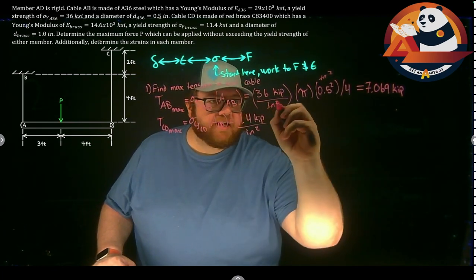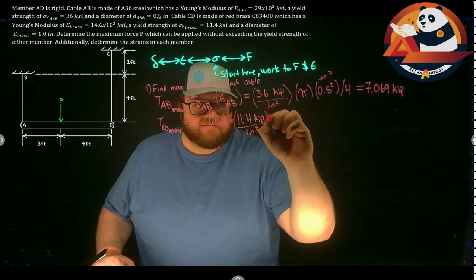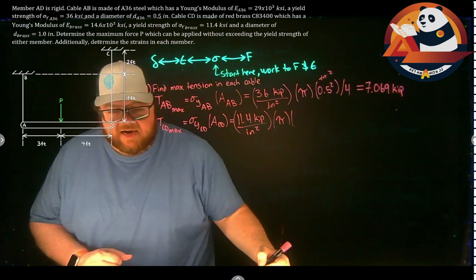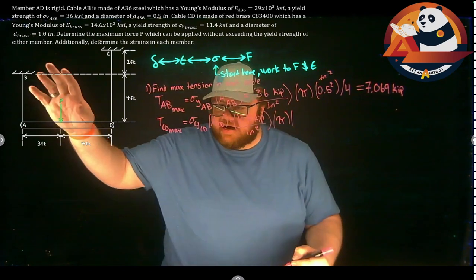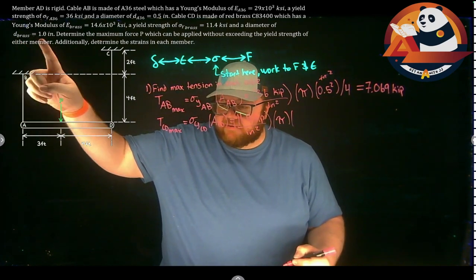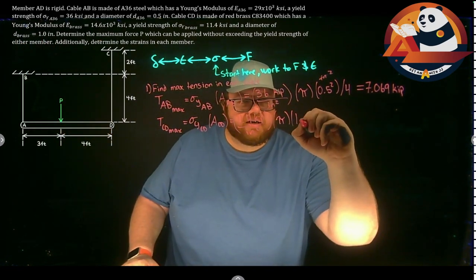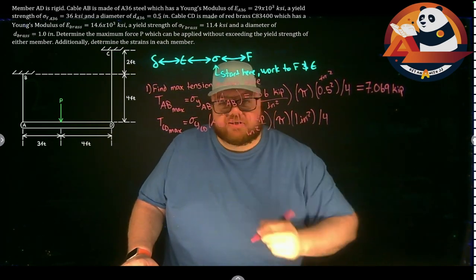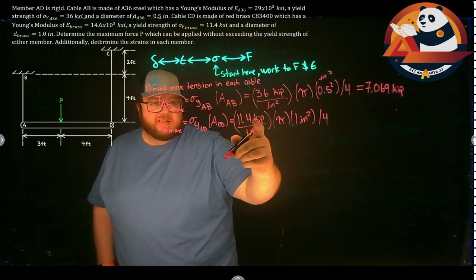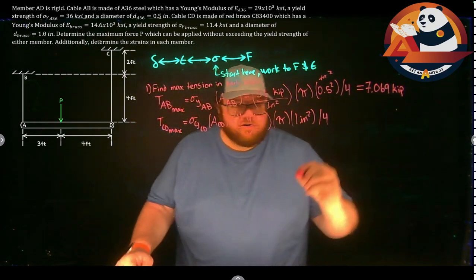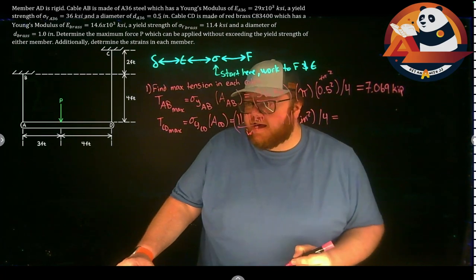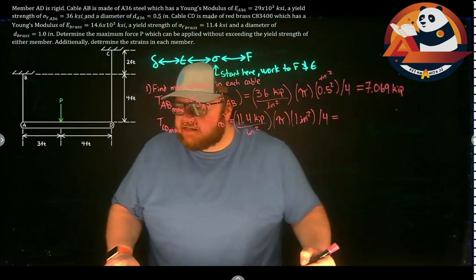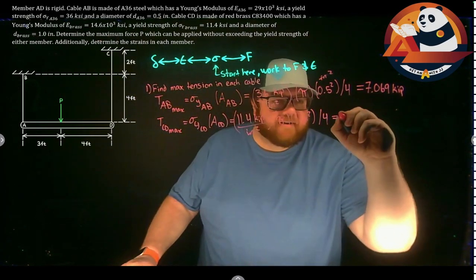Our square inches cancel and we're left with kips. But times pi times our diameter. My diameter here was given as 1 inch. The diameter of the brass is 1 inch. So pi times 1 inch squared over 4. And again, my inches squared cancel. I'm left with kips coming out for this. My maximum force I could put into that brass cable, CD, will be 8.95 kips.